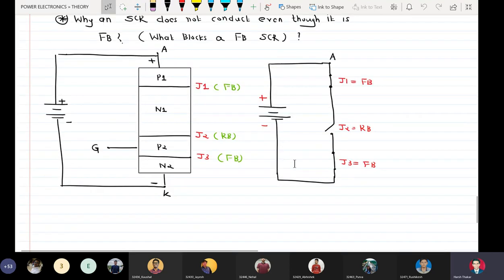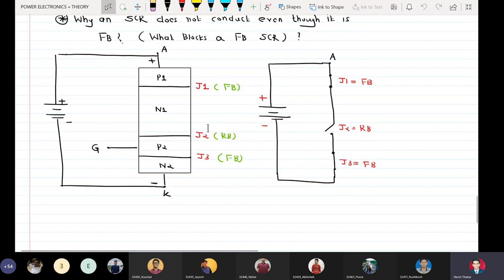Now we also discussed the biasing statuses of the 3 junctions. All of us know from our earlier years that whenever a p-type material and n-type material are fused with each other, the interface between the p-type and n-type region is called a p-n junction.